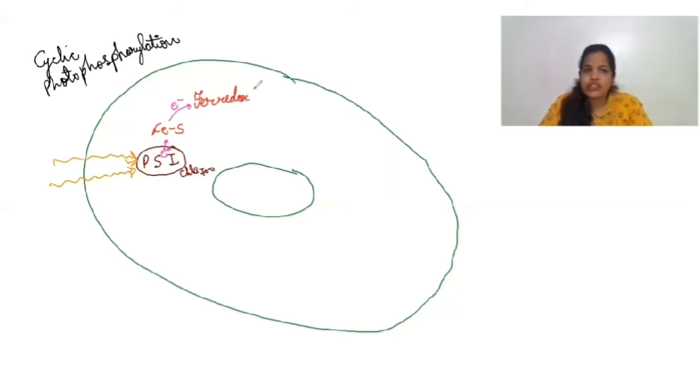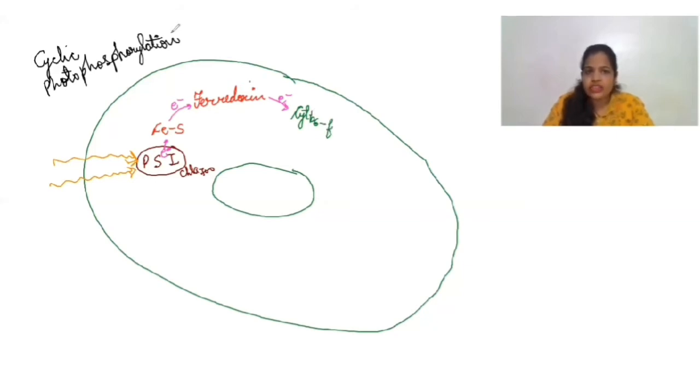Now, this ferredoxin is an electron carrier, meaning it will carry the electron with it, and it is going to give its electrons to a cytochrome complex. Cytochrome B6, cytochrome F. So B6 and F I am writing directly. It is a cytochrome complex.